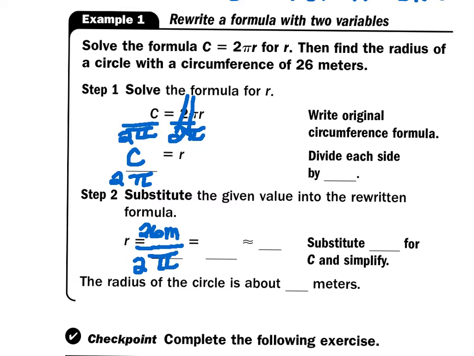Okay, and then I need to solve that equation. That is about 4. So the radius of the circle is about 4 meters. And then remember, if I leave a blank, you can too also.